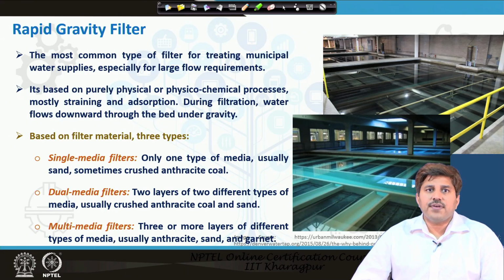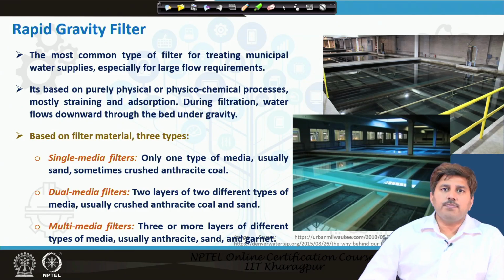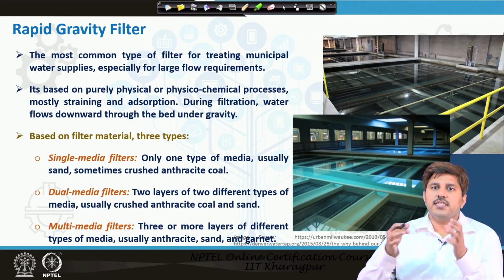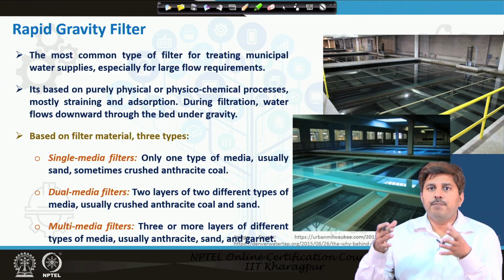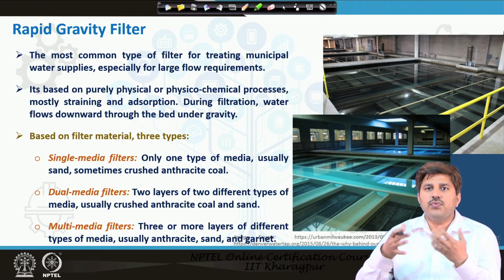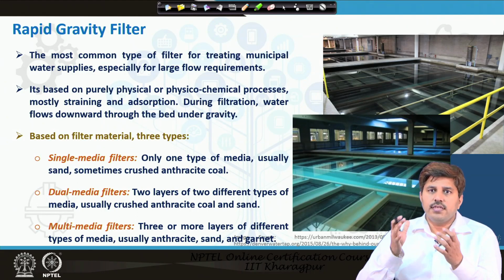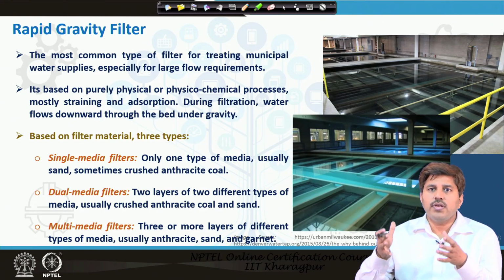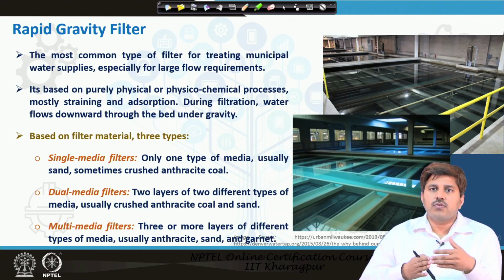Now, rapid gravity filters are the most common type of filter for treating municipal water supplies. Municipal water supplies generally target big flows, and as we just discussed, the slow sand filters would not be appropriate because they will require a huge amount of area. So, that goes off.